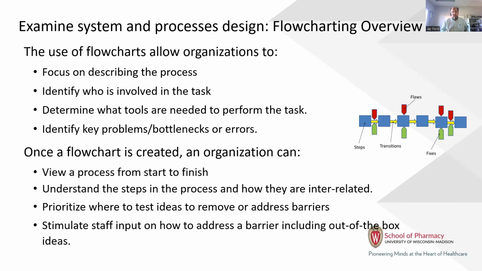And once you do that, you have a better understanding of your process, how things are interrelated. And then as you put solutions in to remove a bottleneck or address something, you can test ideas to see if they worked.